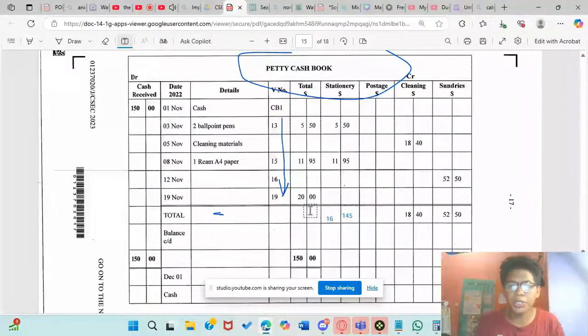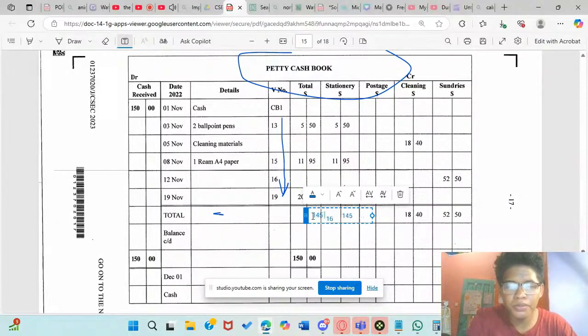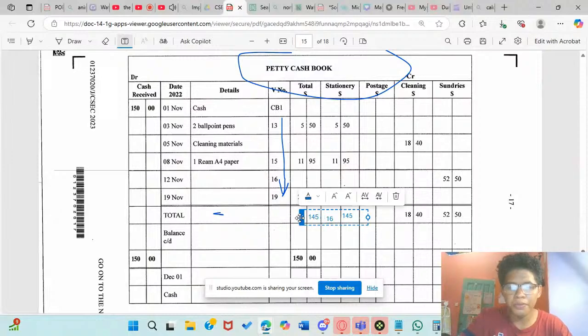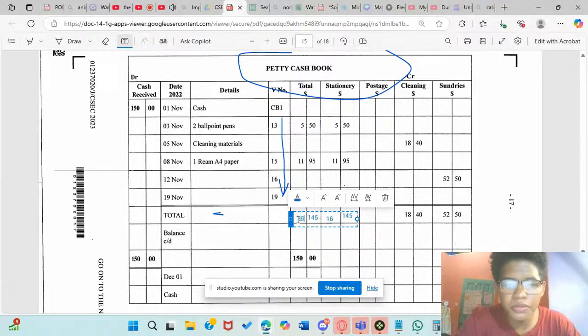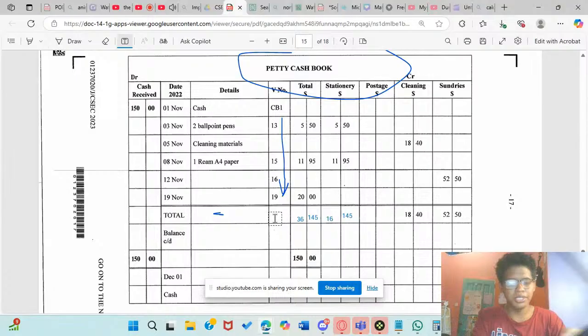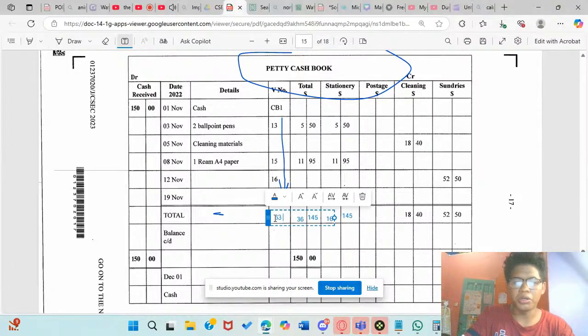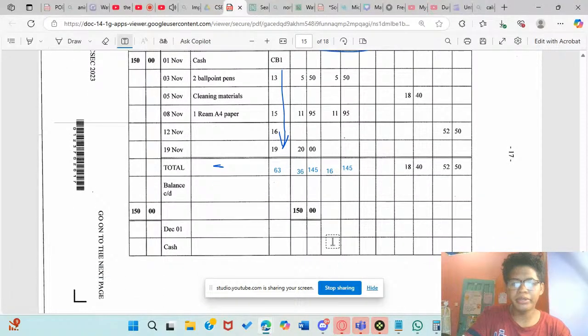We'll just make sure. See that? 5, 11, 5, that'll be 16, 16 plus the 20, that'll be 36. Then we have the 13, 13 plus the 15 plus the 16 plus the 19. That will be 63. So we have our data in.